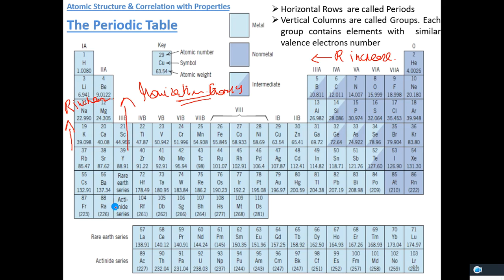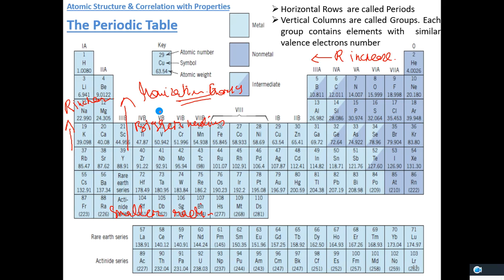Because here we will have a smaller radius and here we will have a bigger radius of the atom. Because from bottom to top radius will increase, and because of the increase in radius, the nuclear force of attraction will also decrease for the electrons. So that's why we will need a small amount of energy to remove the valence electrons.